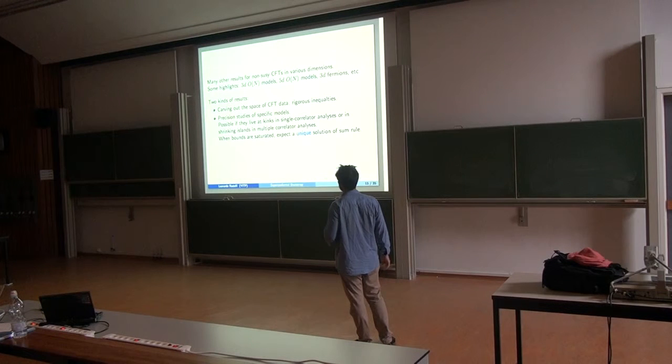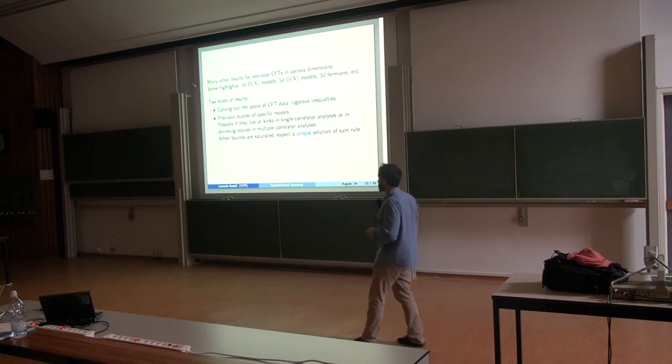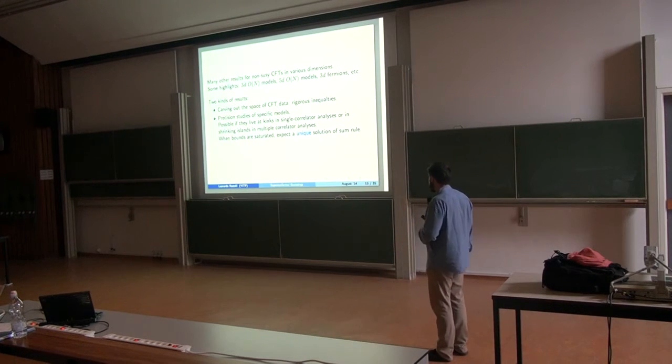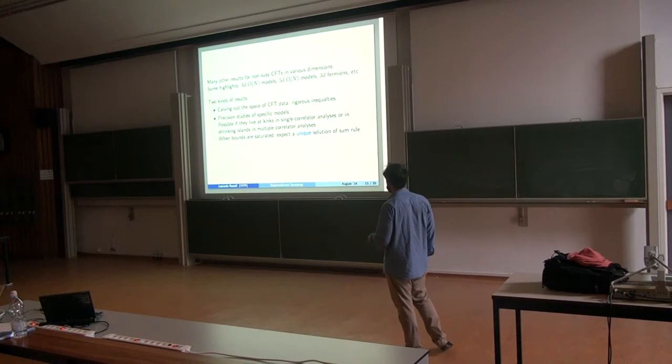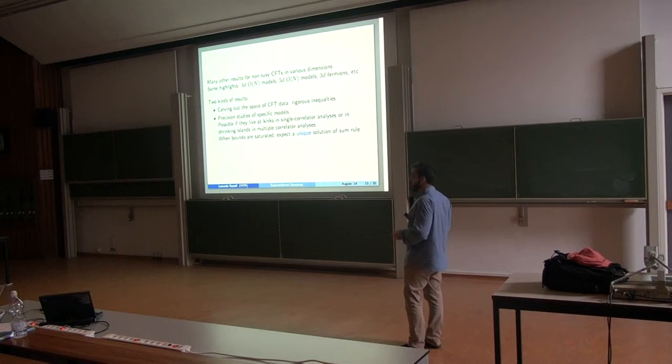And then you get high precision results for specific models. I don't really have time to explain this, perhaps somebody can ask me later, but one can argue that whenever a bound is saturated, the sum rule has a unique solution.